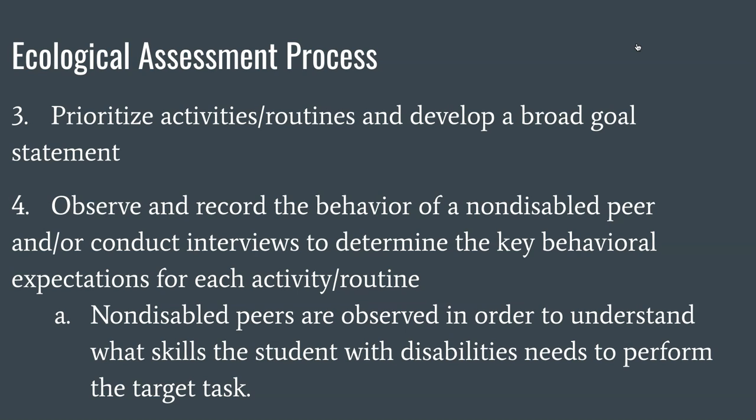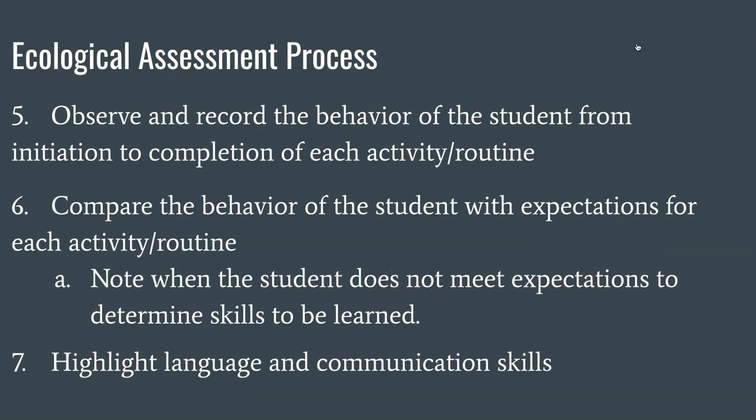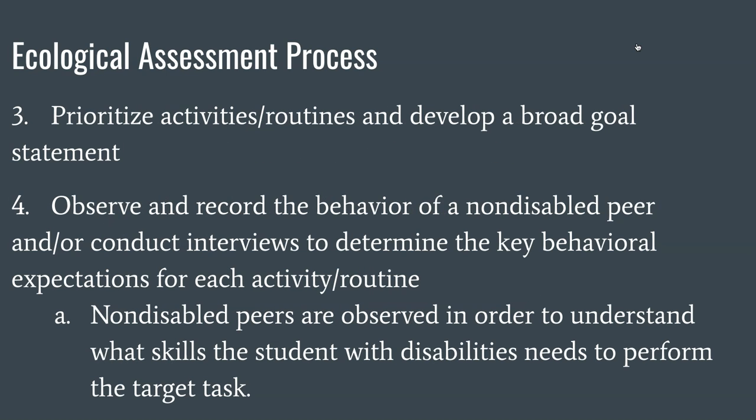Then we're going to observe and record the behavior of a non-disabled peer and or conduct interviews to determine the key behavioral expectations for each activity or routine. Non-disabled peers are observed in order to understand what skills the student with disabilities needs to perform the target task.